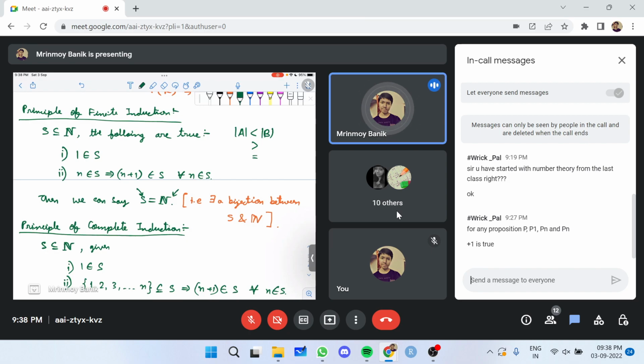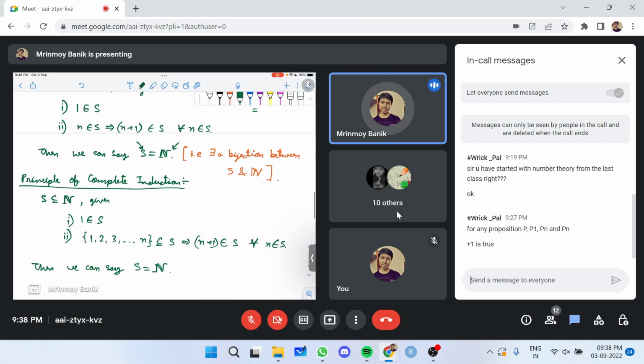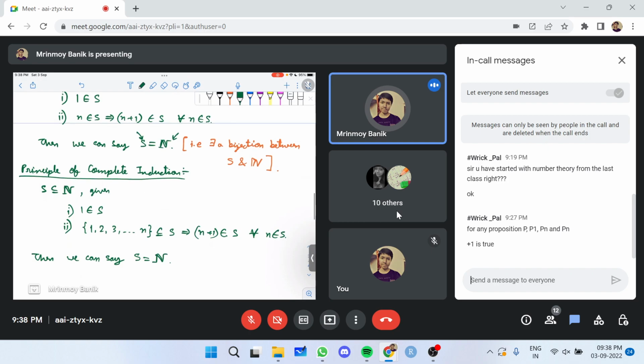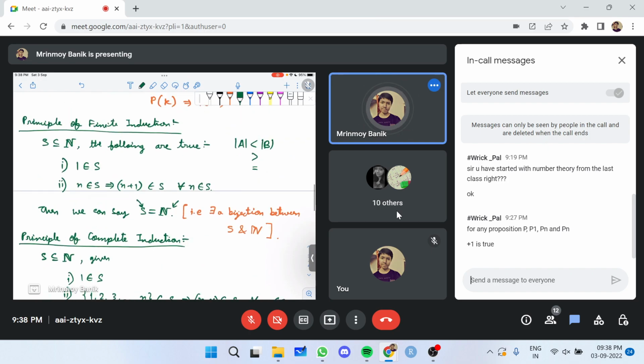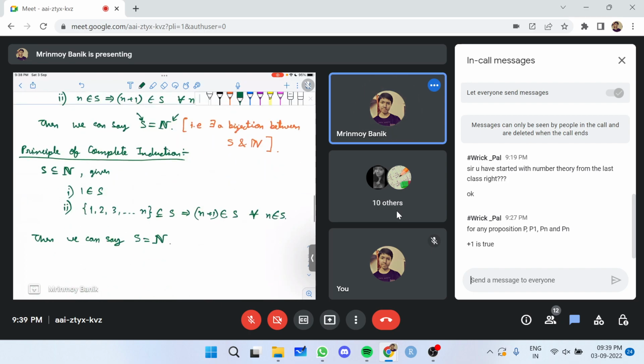So these two formulations of induction are essentially equivalent. In some problems you will find it easier to apply the second form, and other times you will find it easier to apply the first one. Actually, this is inferable, but still, it's n plus 1, this whole thing is a subset of S.